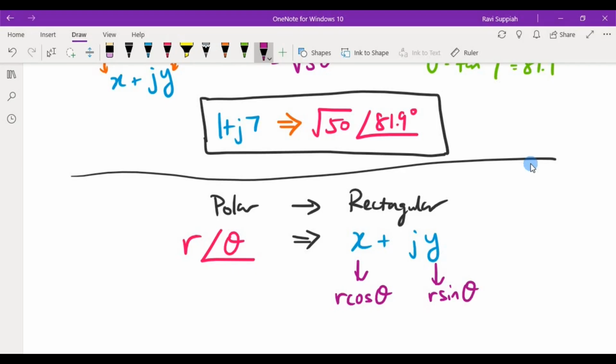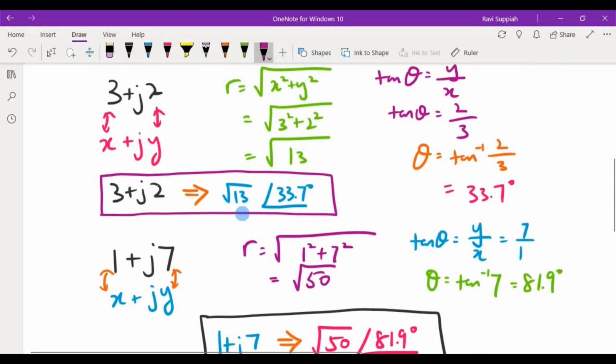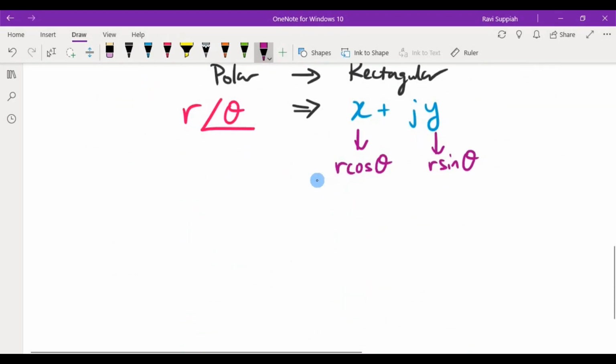Now let's look back at what we just did. I'm going to take this polar form here, square root 13 angle 33.7 degrees, and let's see how we can convert it back to its rectangular form.